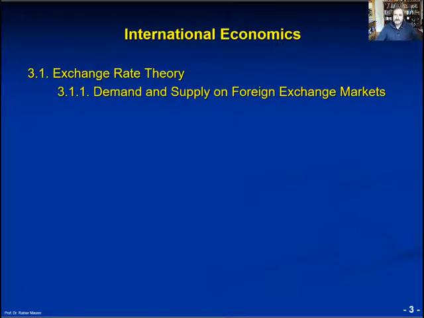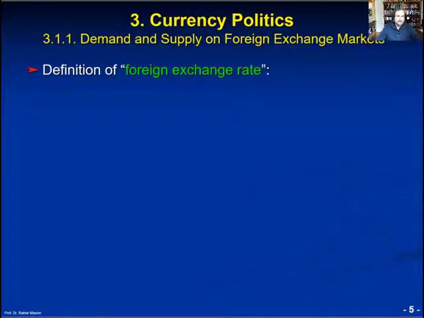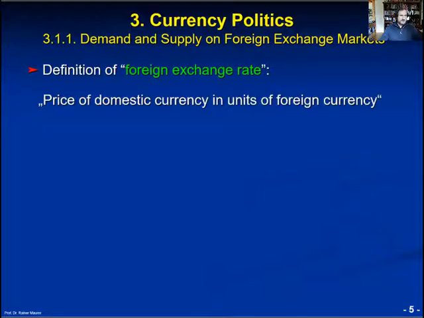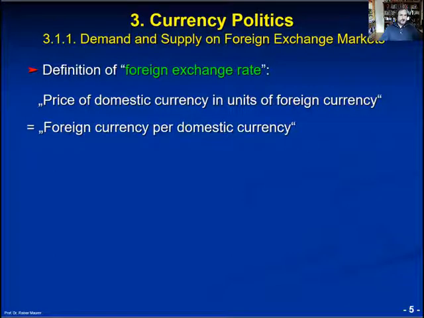At the beginning, let's clarify some definitions. The foreign exchange rate of a country or currency area is the price of domestic currency in units of foreign currency. So it has the dimension foreign currency units per domestic currency.